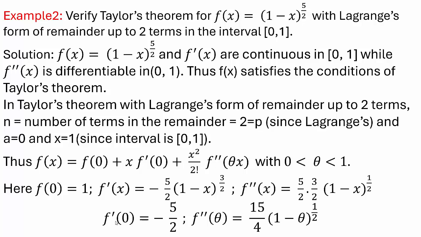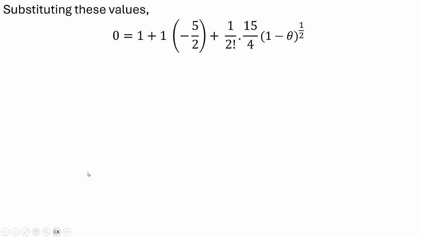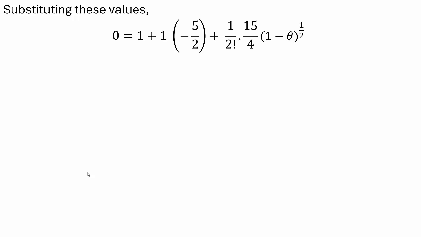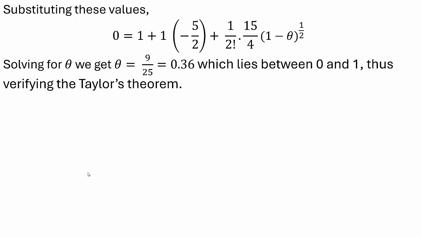Therefore, f'(0) is minus 5 by 2 and f''(θ) is 15 by 4 into (1 minus θ) raised to 1 by 2. Substituting these values in this expansion, we get f(x) equal to 1 plus 1 into minus 5 by 2 plus 1 by 2 factorial into 15 by 4 into (1 minus θ) raised to 1 by 2.